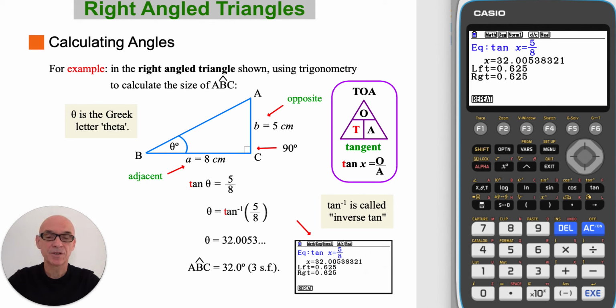Alternatively, we can use the inverse trigonometric functions. And tan to the minus 1 is called inverse tan.